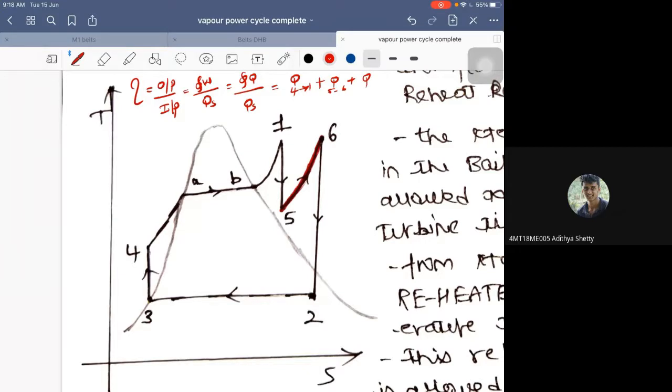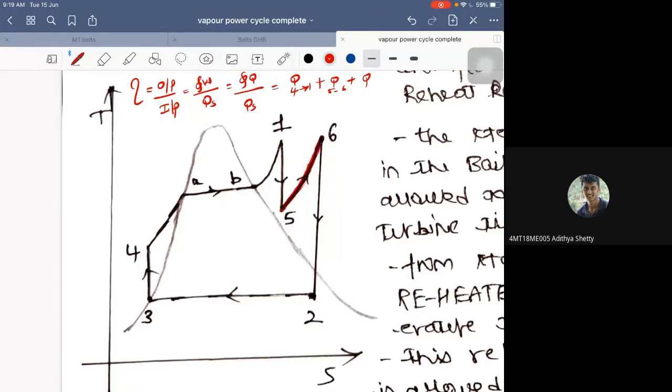Q4 to 1 is where you are supplying heat. Q5 to 6 you are supplying heat in case of a reheater. Where you are going to eject heat, that is also a heat interaction. Where you are ejecting the heat?